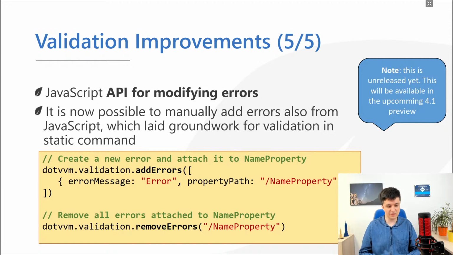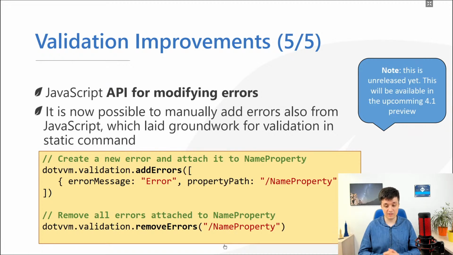Just a few days ago, we added 2 new functions. One that can be used to add new errors when working on the client side, and also another method called removeErrors that can be used to detach all errors on a given property or given properties.